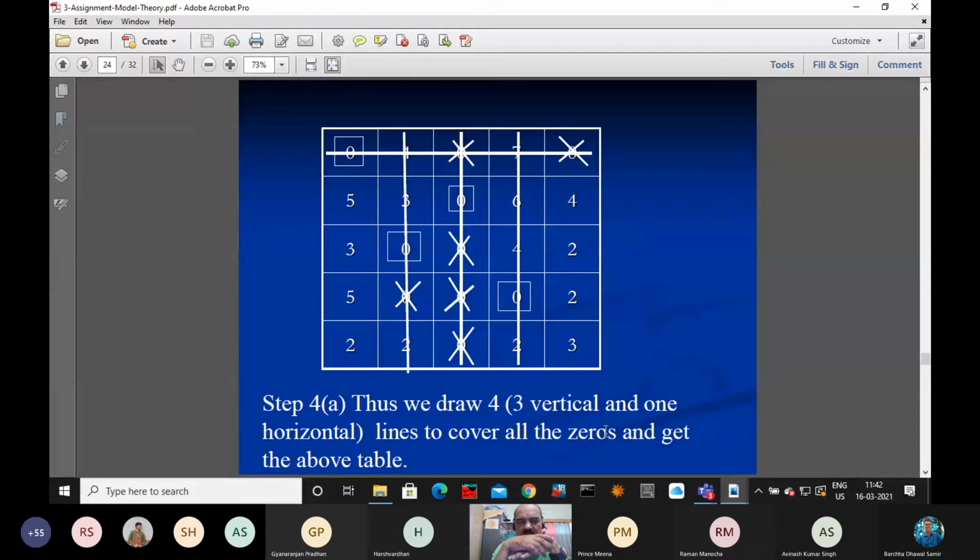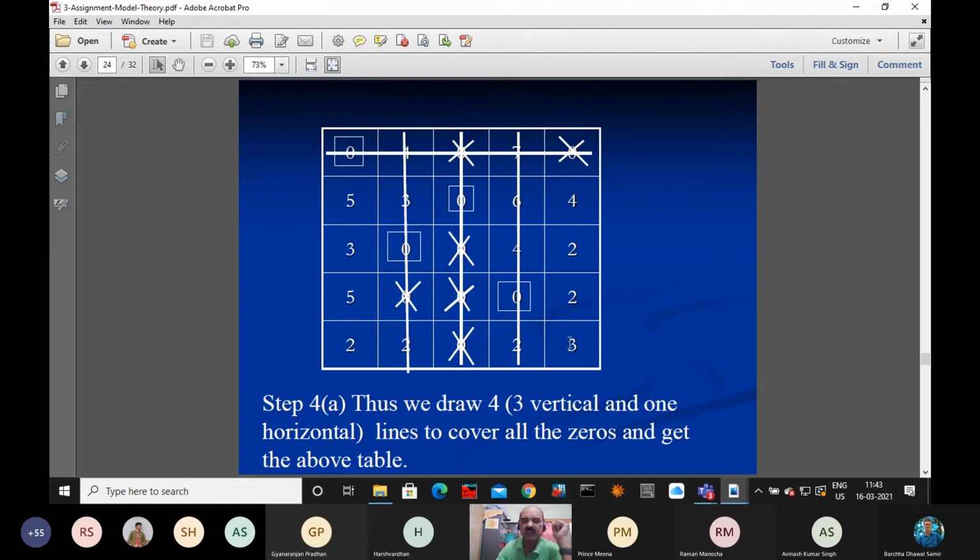Once we have done that, we see what elements are left out. Among the left out elements are 5, 3, 5, 2 in the first column, and in the last column 4, 2, 2, 3. So the minimum is 2. That 2 is subtracted from all these uncovered elements, and whatever you subtract must be added at the crossings.